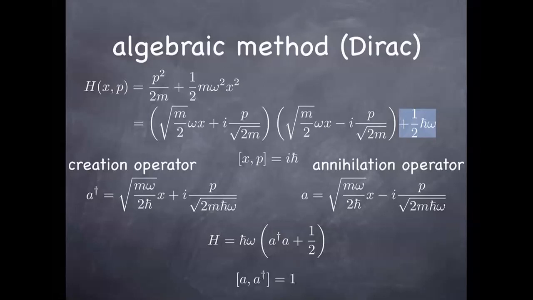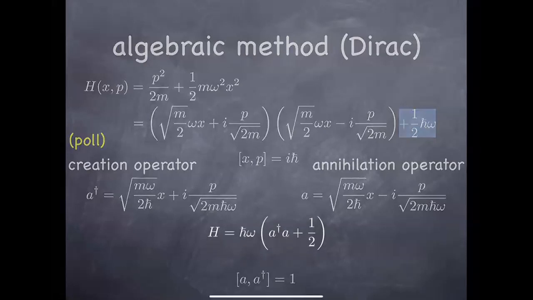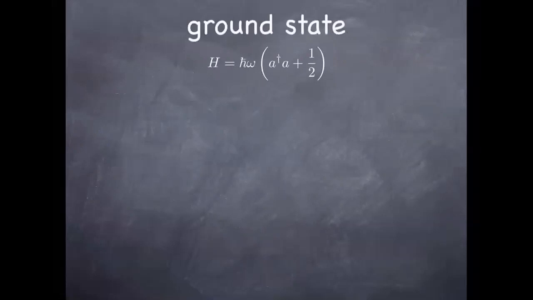All right, so now we have creation and annihilation operators. And using these creation and annihilation operators, we can also derive energy levels and ground state wave functions much more easily compared to what we used to do with the Schrodinger equation.